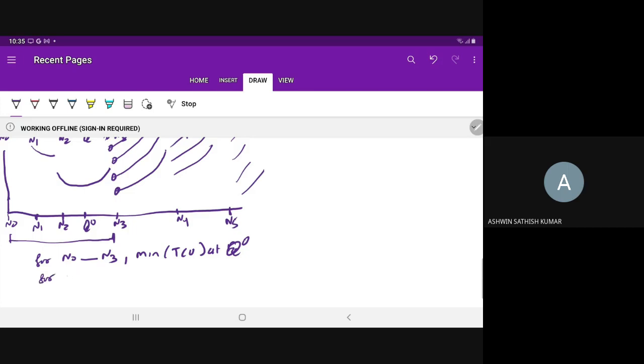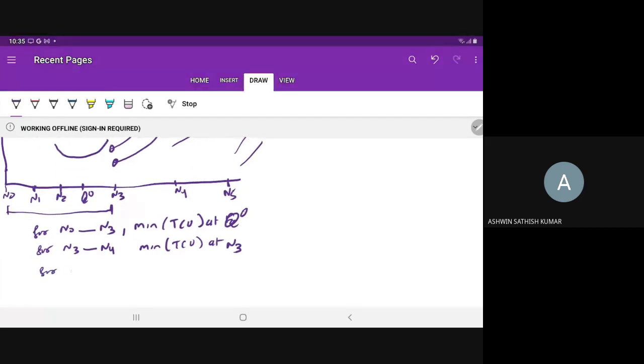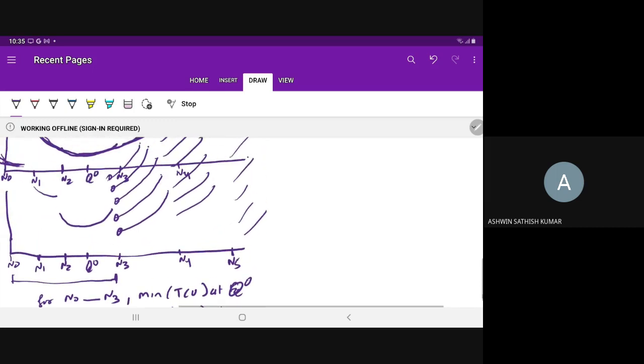For the period N3 to N4, we have the minimum TCU at N3. Then for the period N4 to N5, the minimum TCU is at N4.